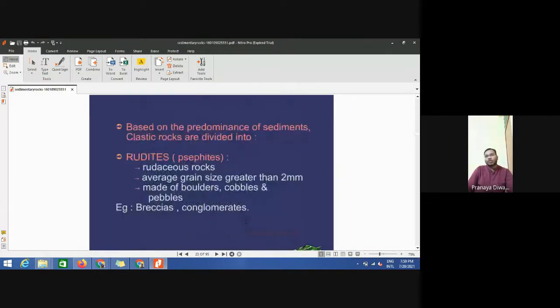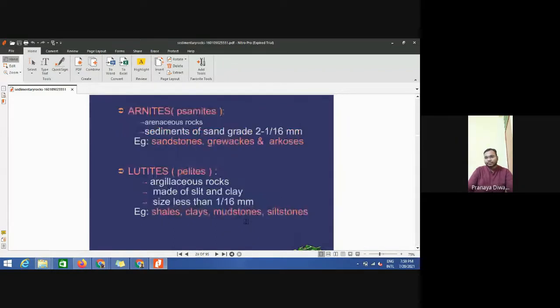Based on the predominance of sediment, clastic rocks are divided into rudites, that is, rudaceous rock, with average grain size greater than 2 mm, made of boulders, cobbles, and pebbles. Then you have arenites. Arenites are arenaceous rock, sediment of sand grains from 2 to 1/16 mm.